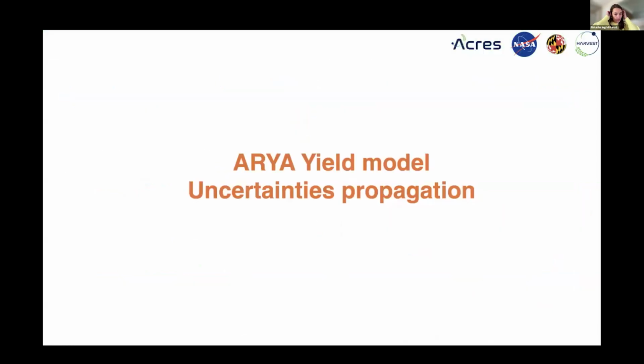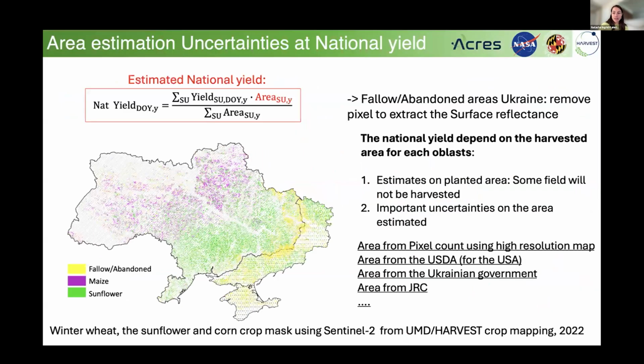Another very important part of any yield model is to understand the uncertainties linked with your yield model. In ARYA, the main sources of uncertainty come from the crop mask and the ARYA estimation. First, the ARYA estimation: to estimate the national yield in ARYA, we use the yield forecast at every oblast level, weighted with the area estimated at oblast level.